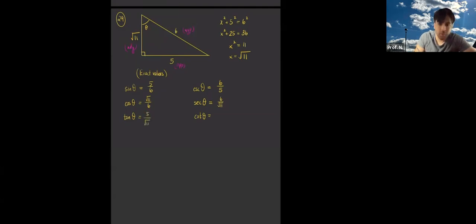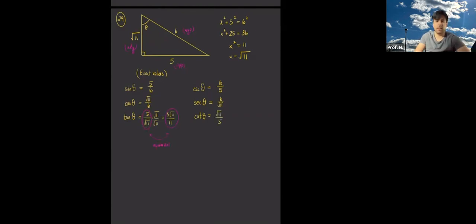And of course, you can always simplify, rationalize this, right? Multiply rad 11 on top and bottom. So I got 5 rad 11/11. So either one should be correct. I can write it this way or I can write it this way. They're equivalent. And then I can just use this one here and flip it, and I got rad 11/5.